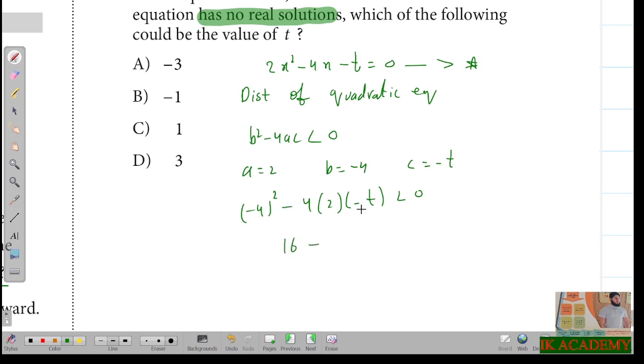This minus and the minus with t becomes positive. 4 twos are 8. 16 plus 8t is less than 0. So 8t is less than minus 16. So t is less than minus 2. Because t is less than minus 2, which value is lesser than minus 2 here? So A is the lesser value than minus 2, which is the answer.